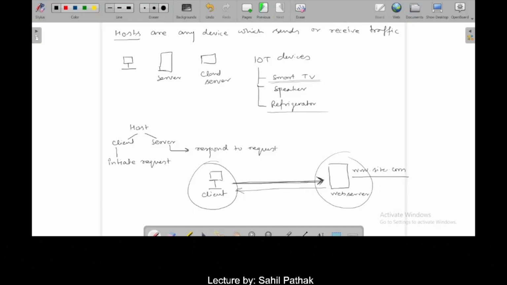Now, one thing you need to be cautious about is that the terms client and server are specific to the particular communication. For example, let's say we have a communication between this computer and this web server. Here, this computer is a client and this web server is a server.